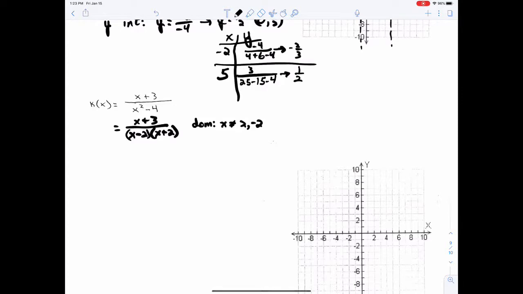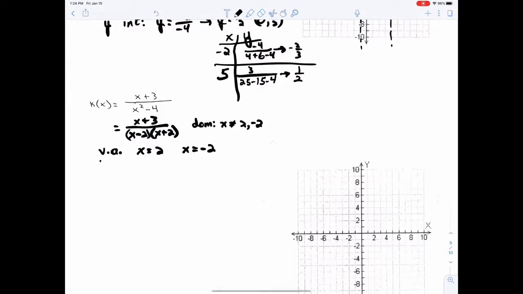Fine. Vertical asymptotes are x equals 2 and x equals negative 2. Again, I want to point out, as the domain, x can't be 2 or negative 2. But as the vertical asymptotes, the equation of the line, it's x equals 2 and x equals negative 2. So be very careful what the question is. Am I asking for the domain or the equation of the vertical asymptote?